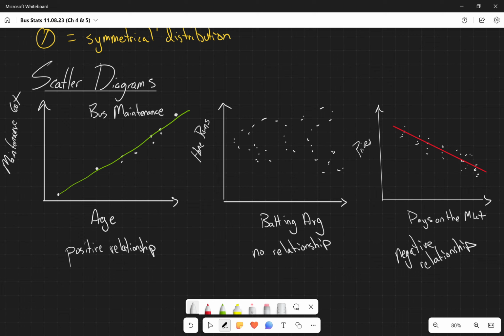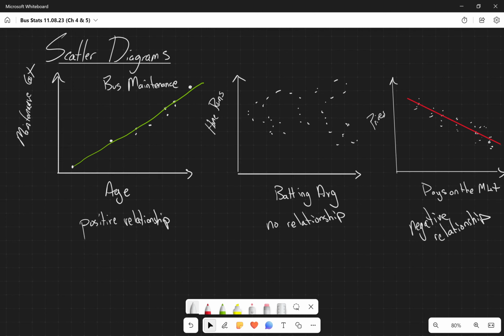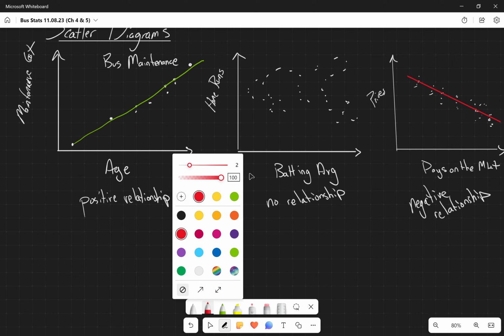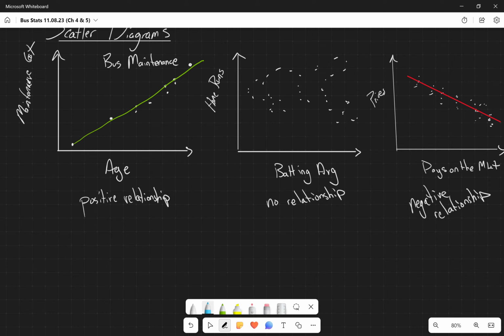So how do we measure how much these two variables move together or differently, right? Well, we use this thing called a correlation coefficient.